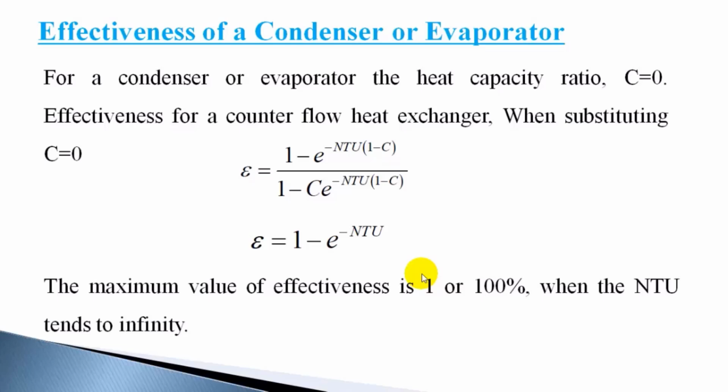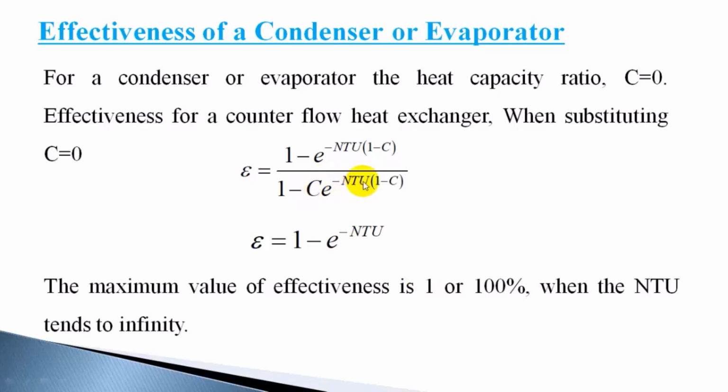Since C max is infinity, the other fluid will have a finite heat capacity. So C minimum by C max is 0, that is, heat capacity ratio C is 0 in case of an evaporator or condenser.